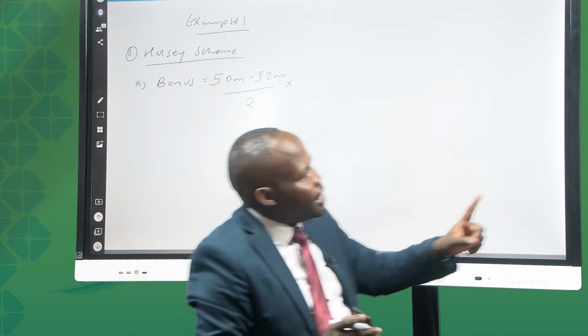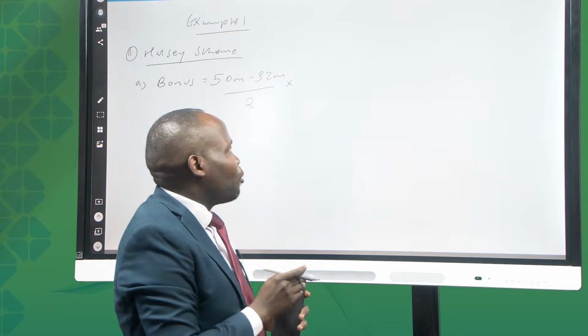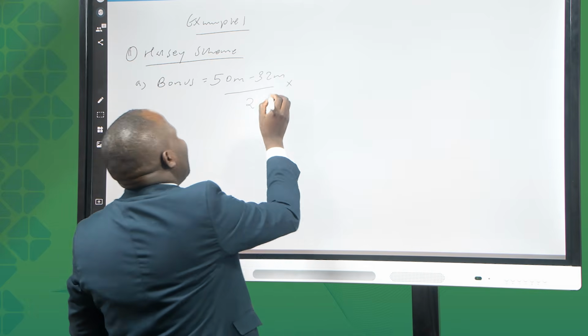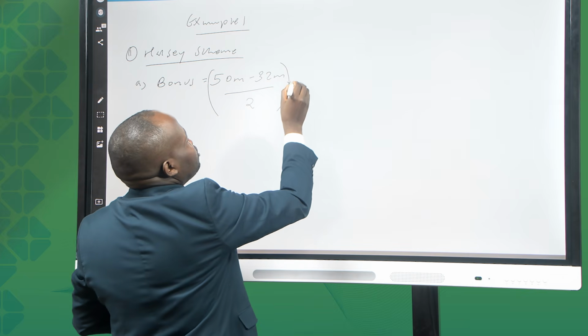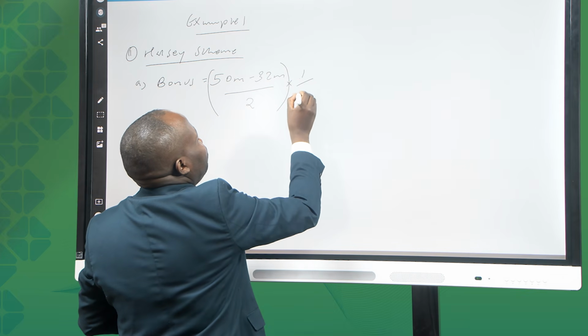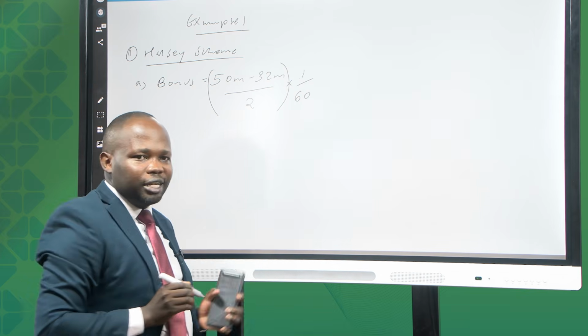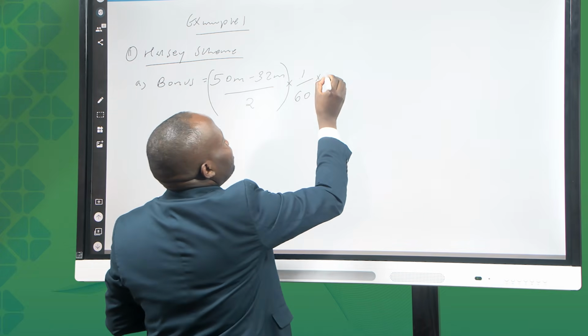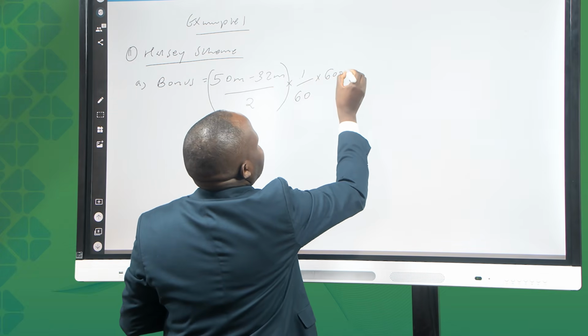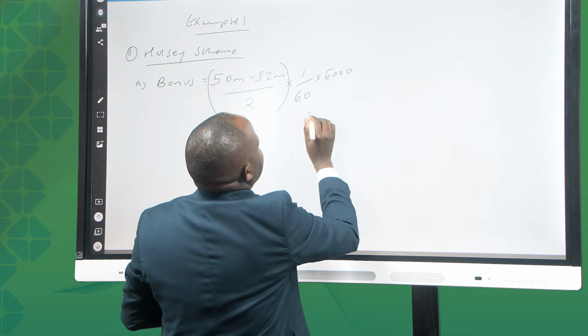The rate of pay is 6,000 per hour. Because it is per hour, we must convert these minutes into hours. So we'll multiply by 1/60 to convert the minutes into hours. And then you multiply by the rate of 6,000. So that gives you the bonus.